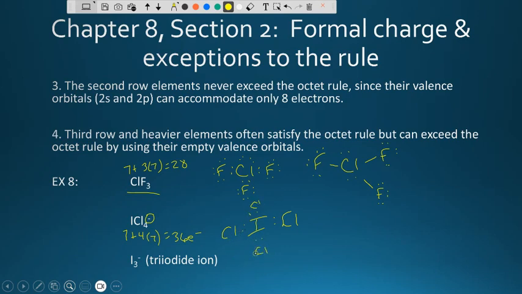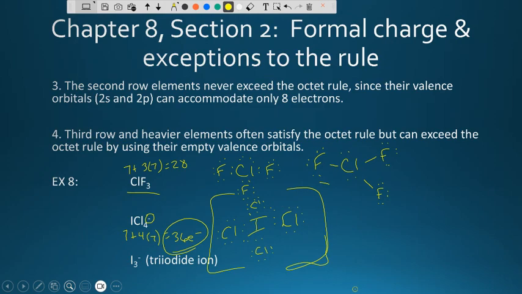So we have 2, 4, 6, 8, 10, 12, 14, 16, 18, 20, 22, 24, 26, 28, 30, 32. But I need 36. So there's going to be a couple more on these. And remember, we added in 1 extra electron because it is an ion.